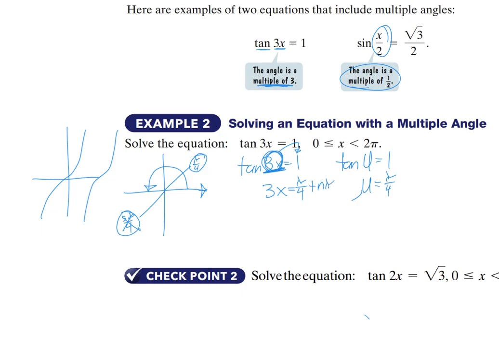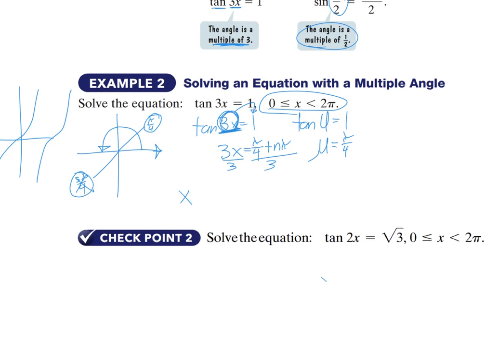Now, I'm not going to go clear to infinity or back to infinity, but I need to make sure I account for every value in between 0 and 2 pi. So I'm going to divide by 3, and I have to divide that whole side by 3. So now x equals pi twelfths plus n pi thirds.